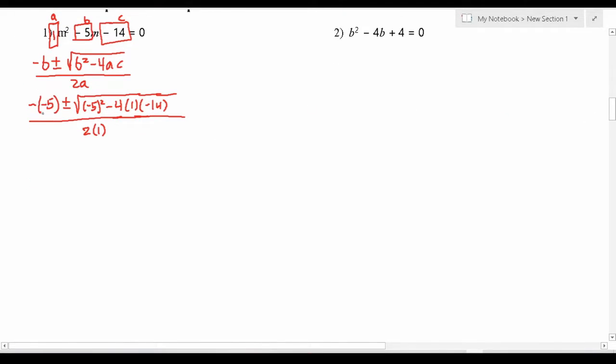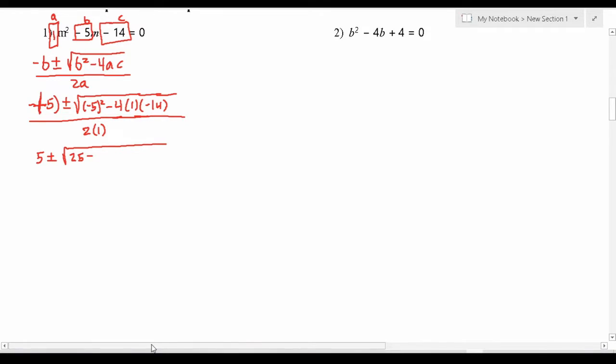Negative of negative 5 just becomes positive, so we just have positive 5 plus or minus the square root of negative 5 squared. Negative 5 times negative 5, and negative times a negative is going to be positive. So this is simply going to be 25 minus negative 4 times 1 is negative 4. Negative 4 times 14 is going to be positive.